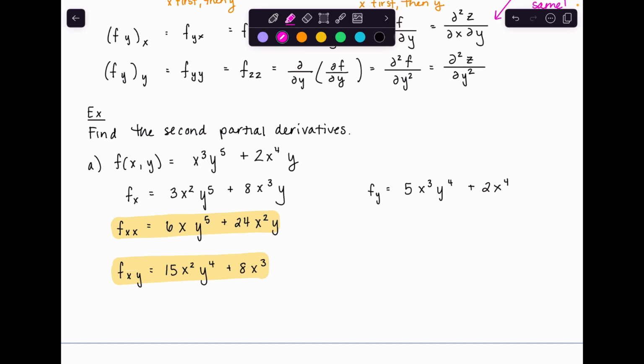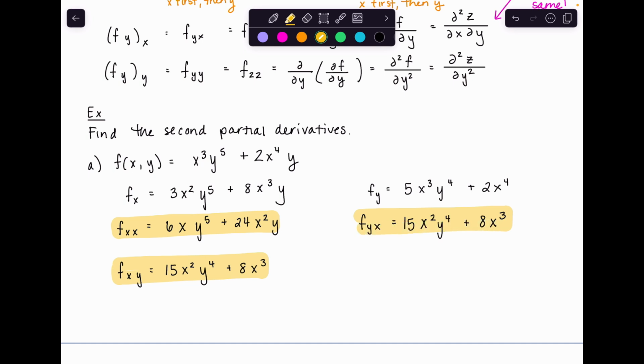Now let's go ahead and differentiate this with respect to x. So again, just differentiating these two pieces. So the partial of y with then respect to x again. Derivative of x cubed is 3x squared. So bringing the 3 down gives me 15x squared y to the 4th. And then the derivative of 2x to the 4th is 8x cubed.